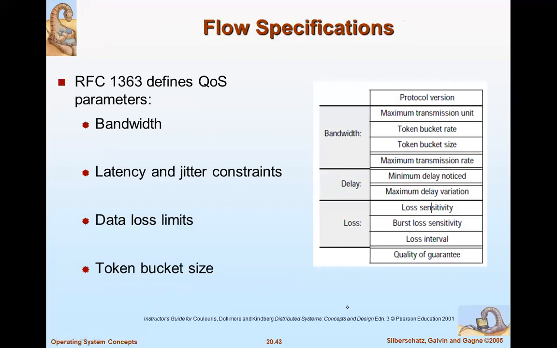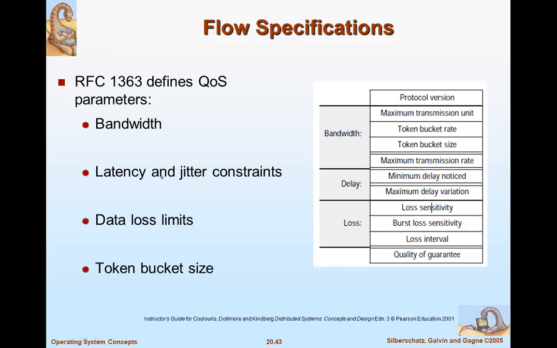There are certain flow specifications, and you can see that these specifications are defined here in RFC 1363, which defines the QoS parameters for bandwidth, that is, how much bandwidth will be required.